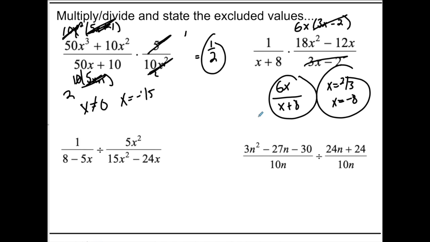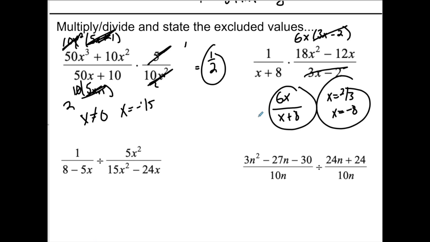All right, division is similar, but we have to do one other thing with excluded values. We just have to remember to do the excluded values of the right-hand part both before and after we do the change. So remember, whenever we see the division, we're going to do keep, change, and then we're going to flip it.